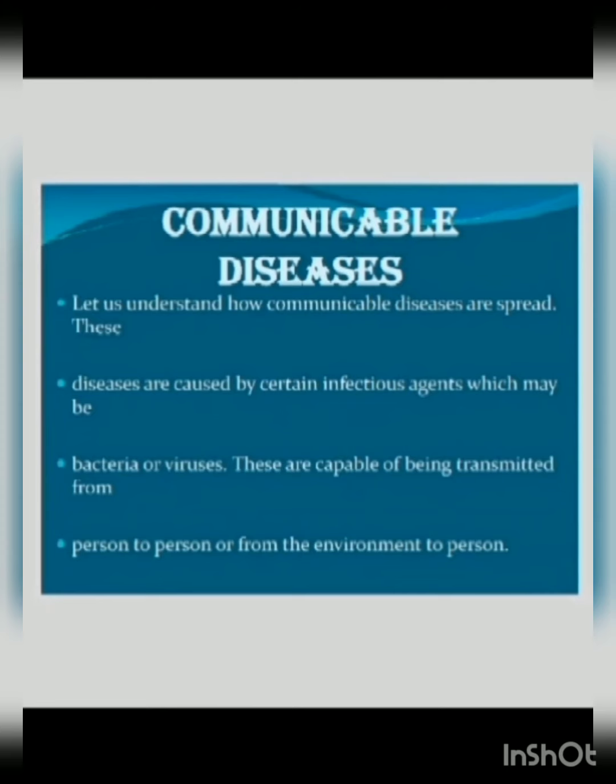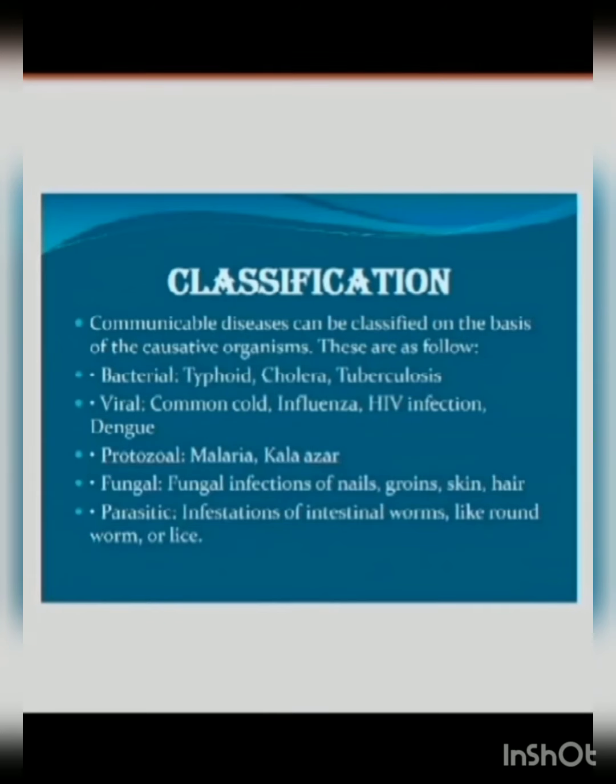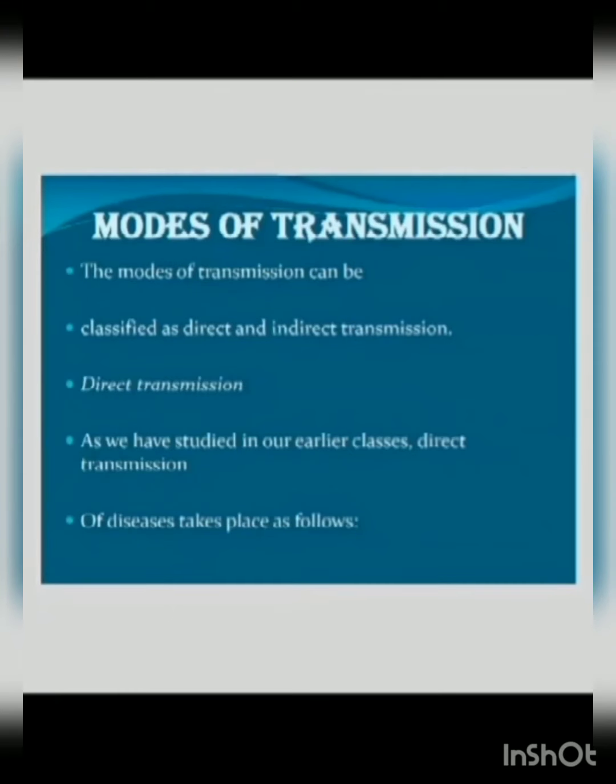These diseases are caused by certain infectious agents, which may be bacteria or viruses. These are capable of being transmitted from person to person or from the environment to a person.